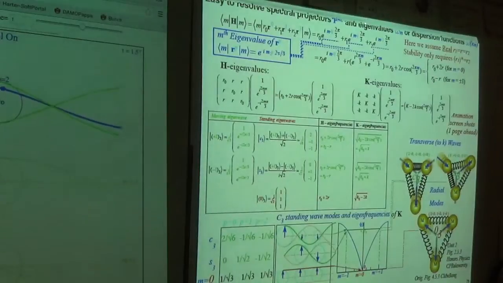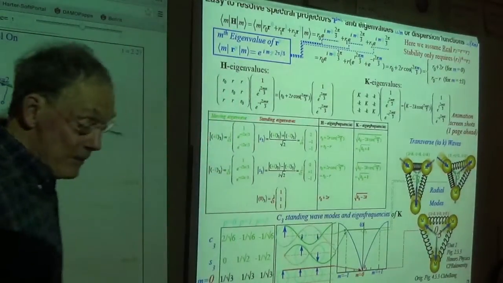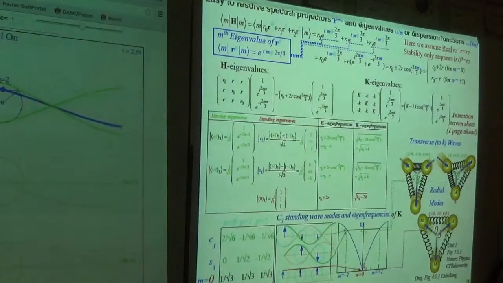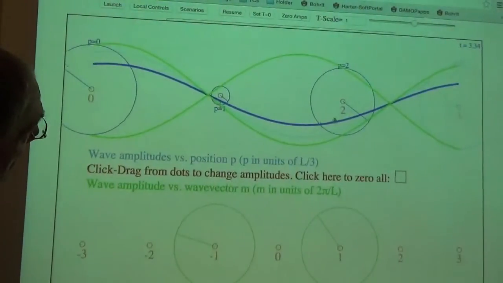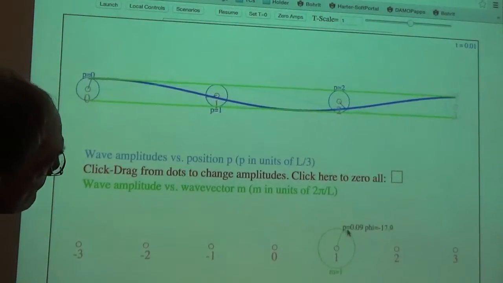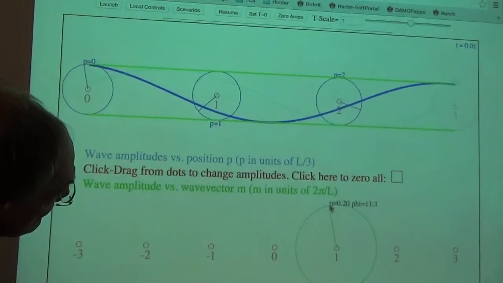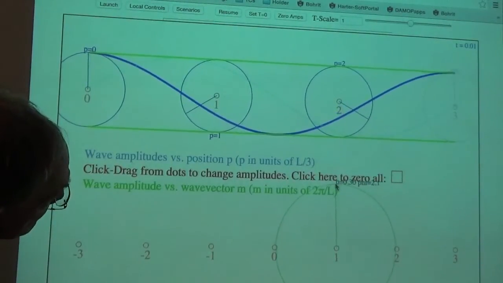But the situation that happens when I add perfectly, and let's see if I can arrange that with this thing in the Fourier control. I'm going to zero this thing out, and I'm going to just start this thing up and make sure that the phase is right at the top. I might as well go up here real big so that it makes a big wave.